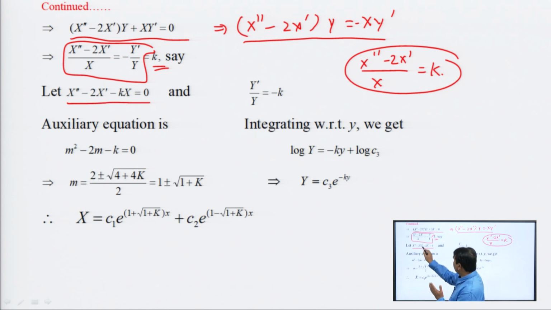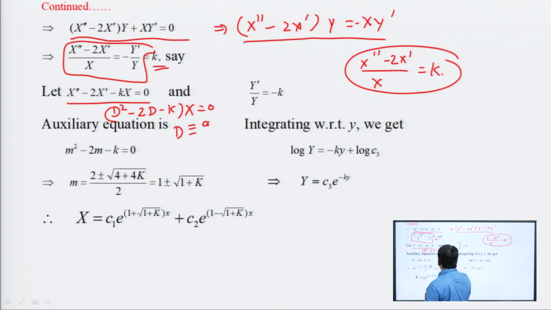We can see that this is nothing but an ordinary differential equation. So, this can be written as d square minus 2 d minus k into x is equal to 0, where d stands for d by dx.